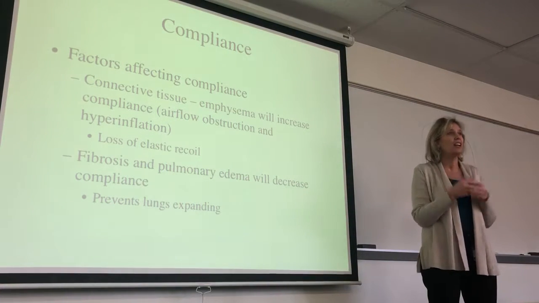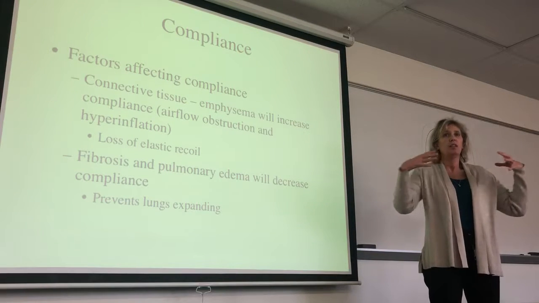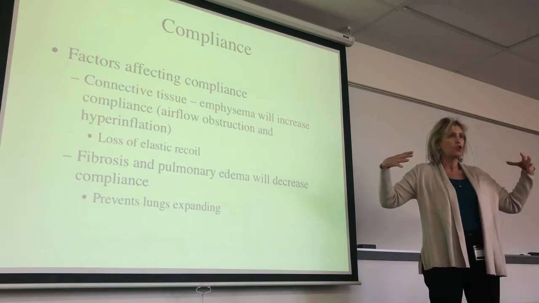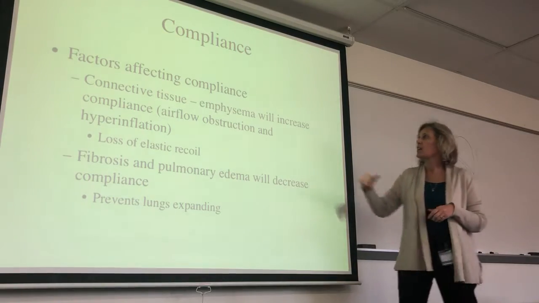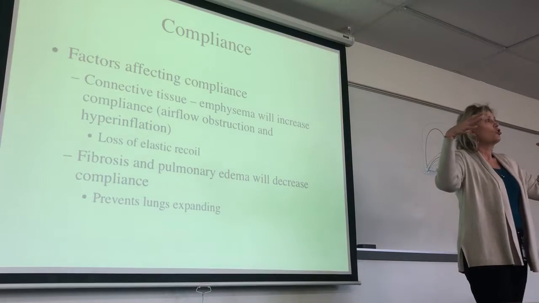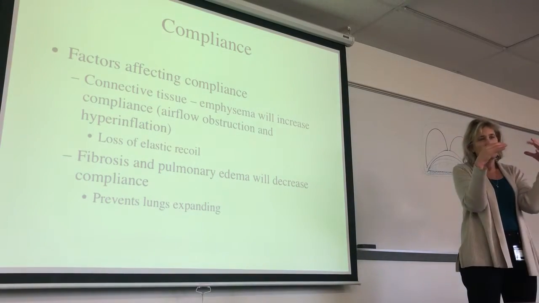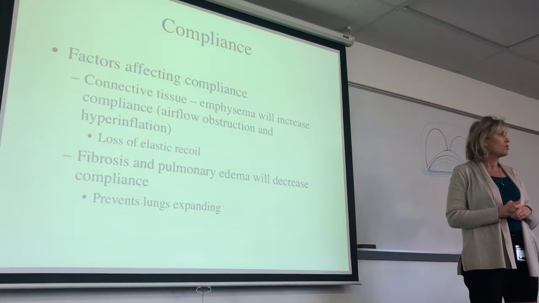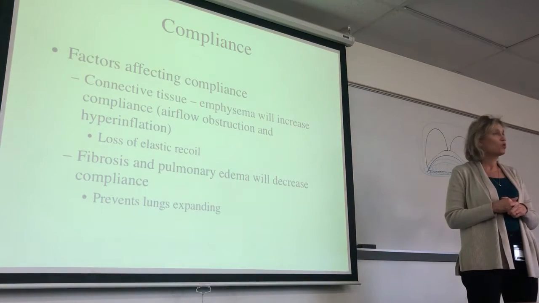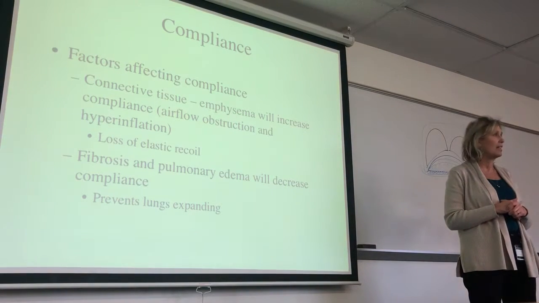They've got an obstruction and they can't get that air out, so the air is building up inside their lungs and the lungs are stretching out, so they actually end up with an increased compliance. And because it's stretching so much, they lose that elastic recoil, and now the lungs can't go back to their normal size. So obstructive disorders like that are going to mean that they have an increased compliance.